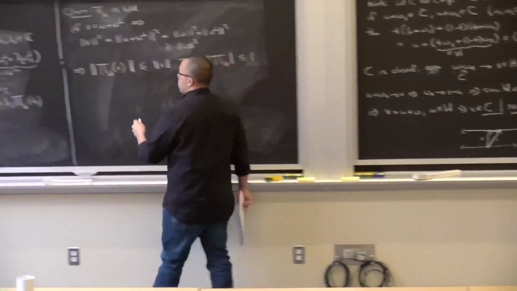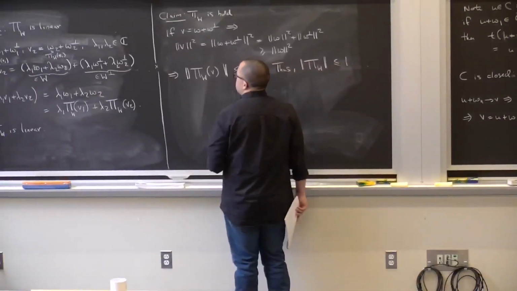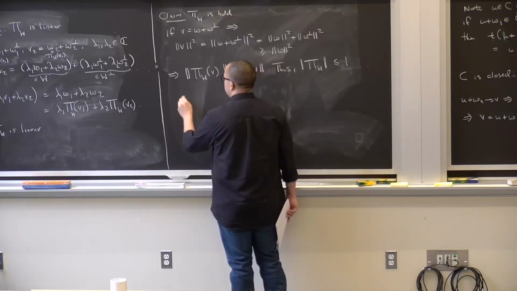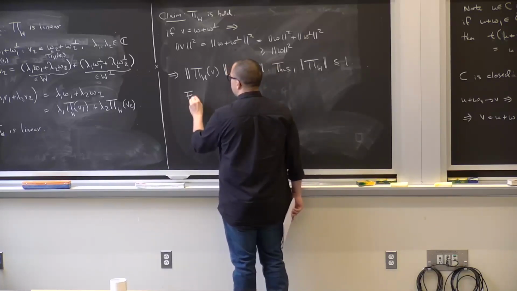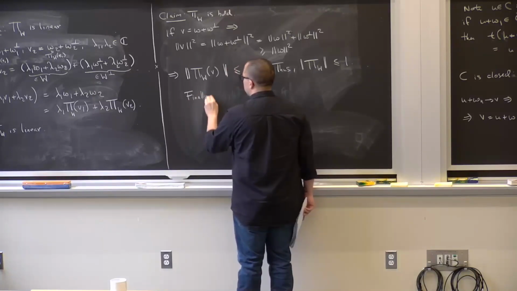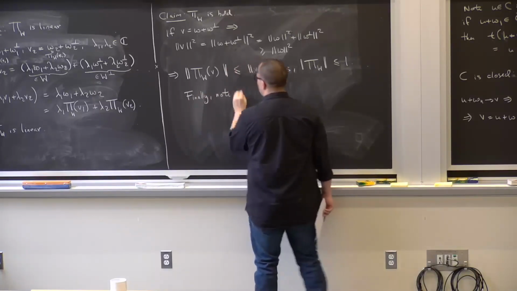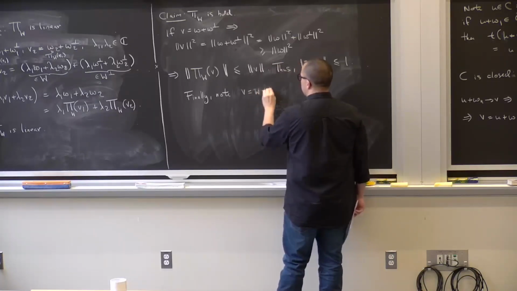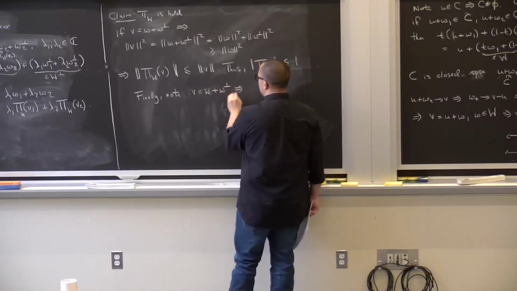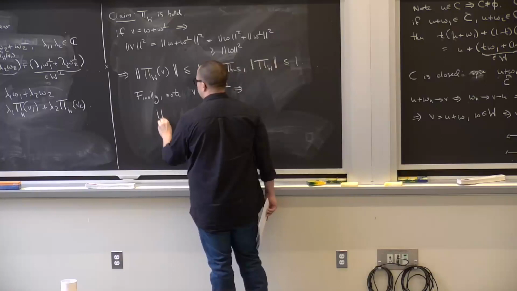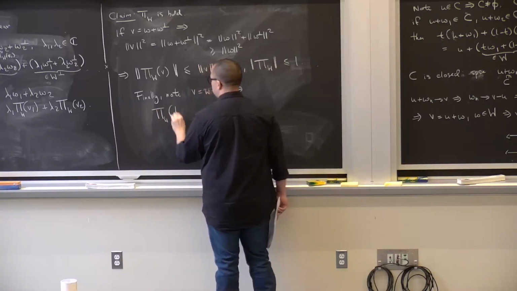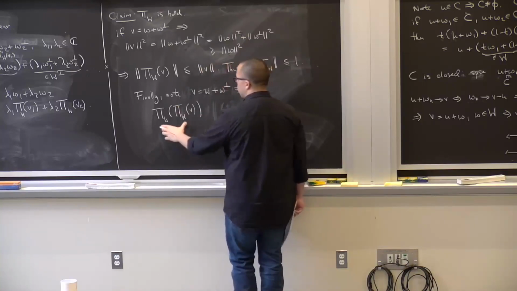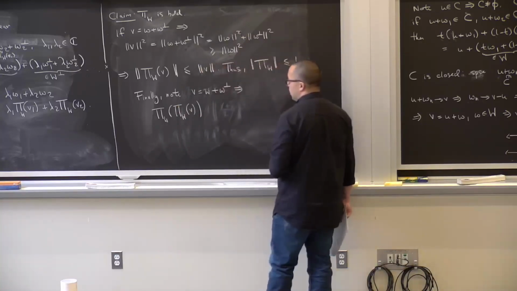Okay, and finally, the last piece that we need to check is that pi squared equals pi, but that's pretty easy to check. Simply note that if v is equal to w plus w perp, then I need to check that I get pi of v again.